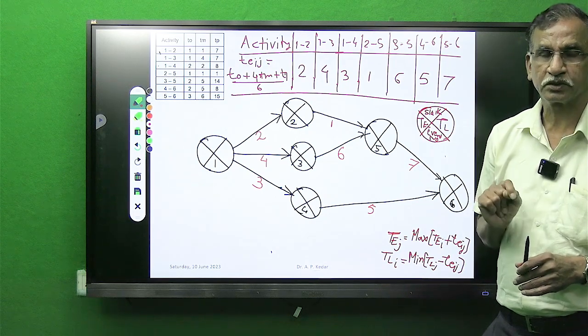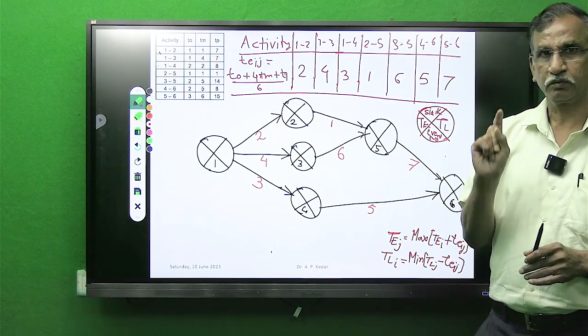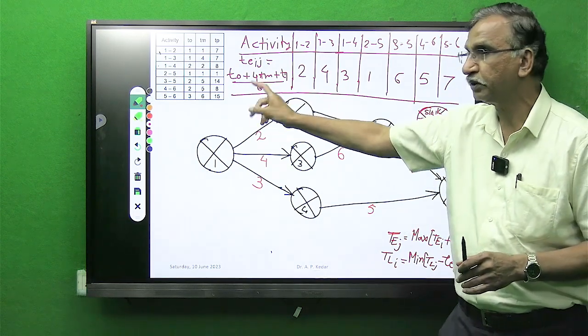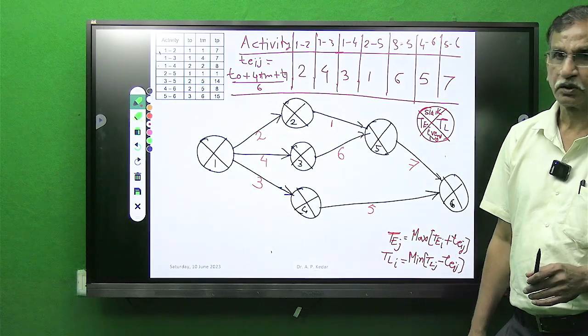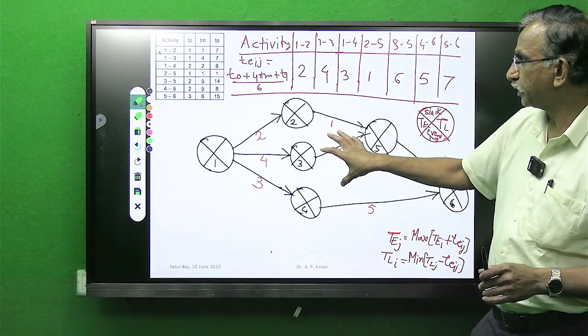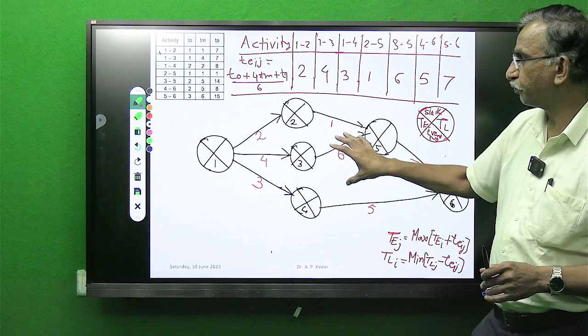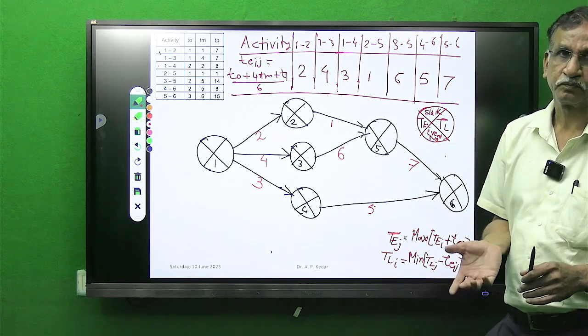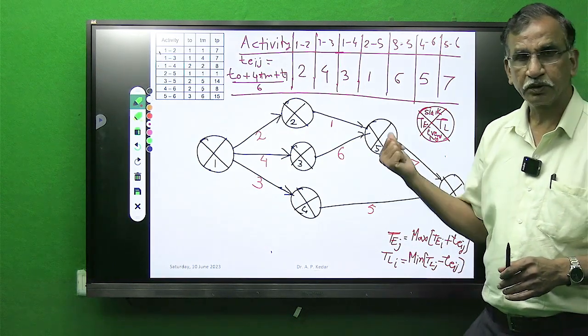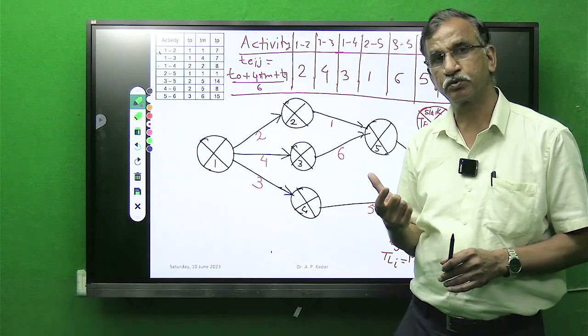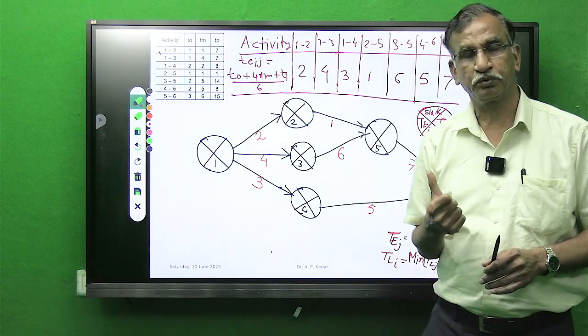So we did the first task of drawing the network, the logical network from the given relationship. Now our task is to find all the paths of the network. Then the third task is to find the expected project duration.